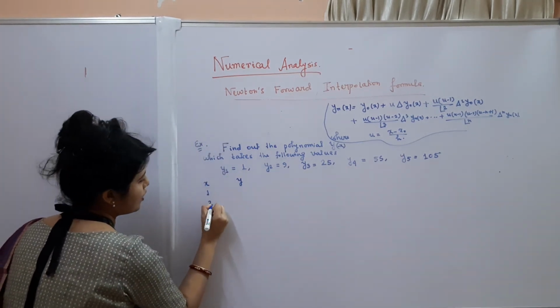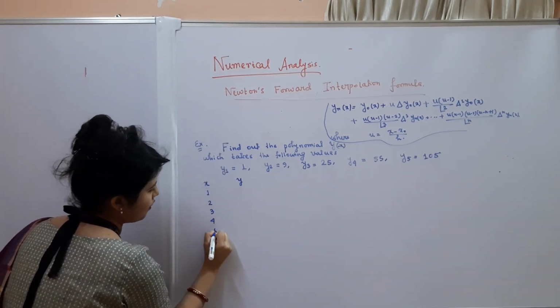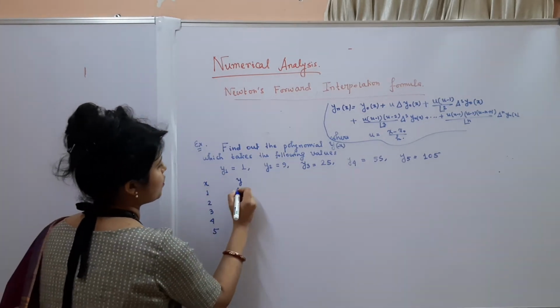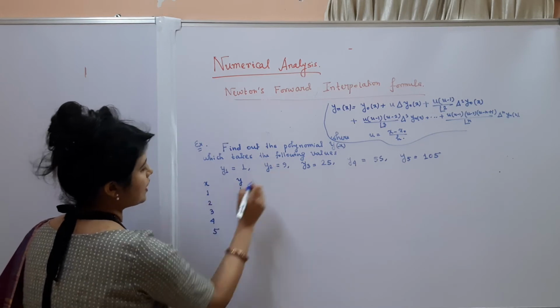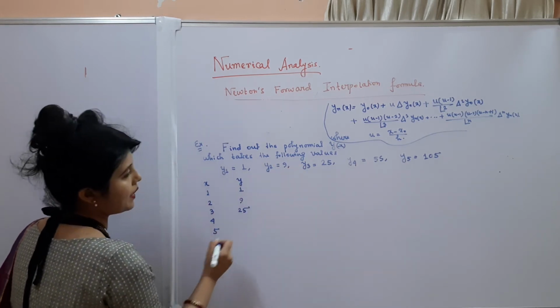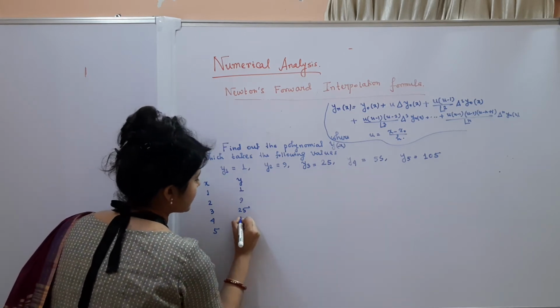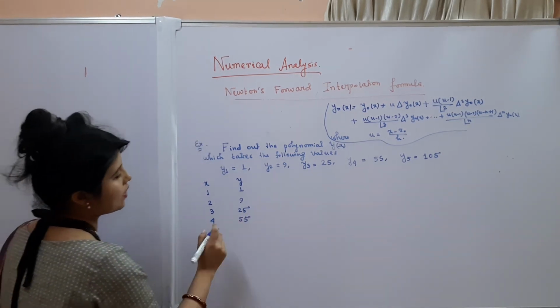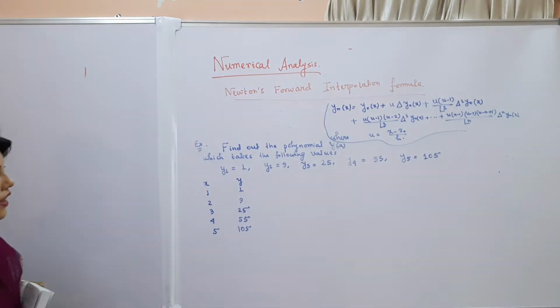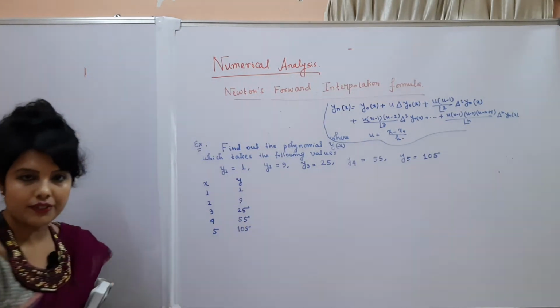And the values of y corresponding to 1 is 1, corresponding to 2 is 9, corresponding to 3 is 25, corresponding to 4 is 55, and corresponding to 5 is 105. Okay, so this is the problem that is given to you.